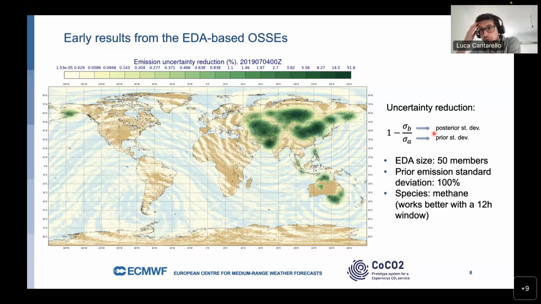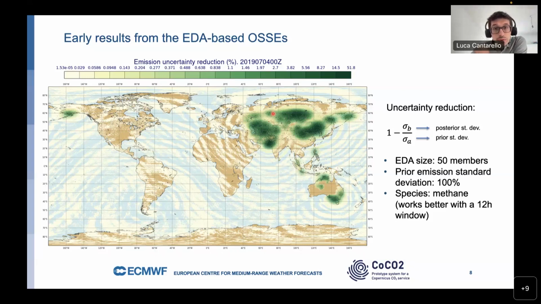Both come from the ensemble that we are running. We have run a 50-member ensemble, and our prior emission standard deviation is 100%. This is for methane, not for CO2. The reason is that, as I said, 12 hours is not really great for CO2, and it works a bit better for methane because it's a different gas and it behaves in a different way.